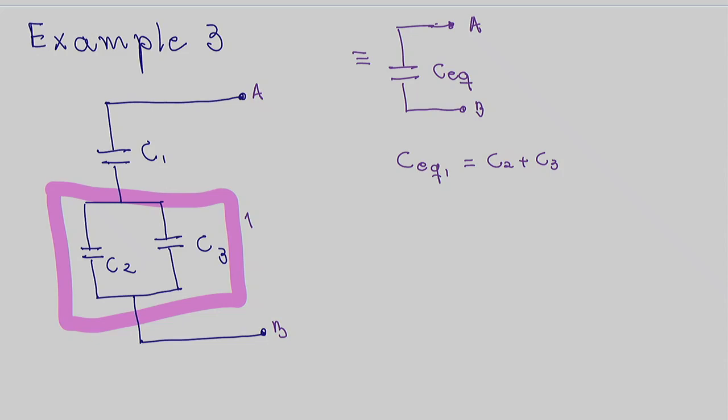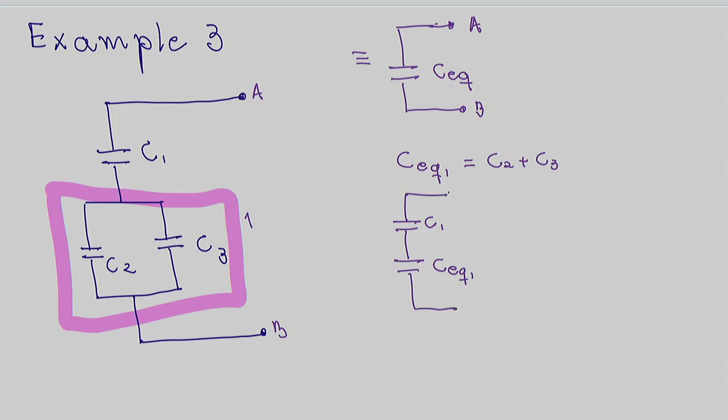Then you make a different circuit that has C1, and then C equivalent 1, which is C2 plus C3.